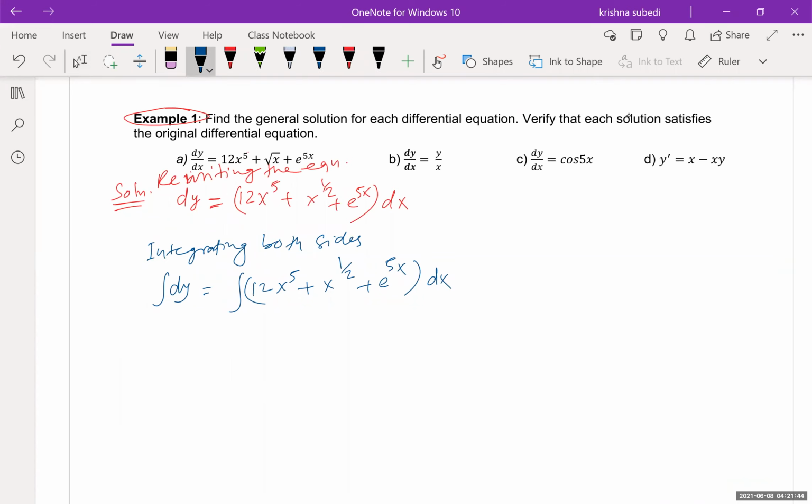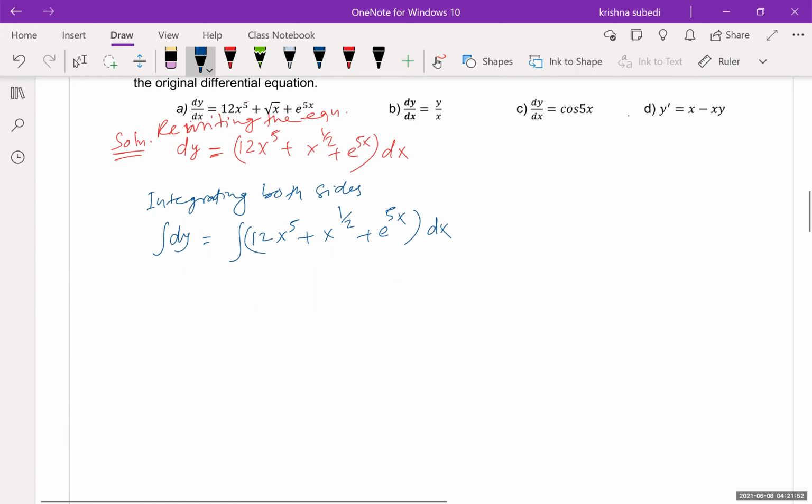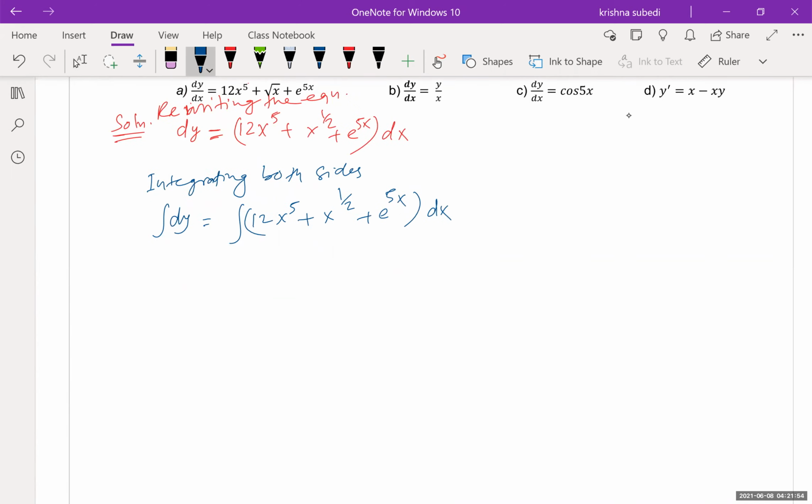Step number 1, separate. Step number 2, integrate. Step number 3, now you know how to integrate this, right? The integration of dy is simply y plus c, but I'm not going to write c on this side because we just write c at the end.